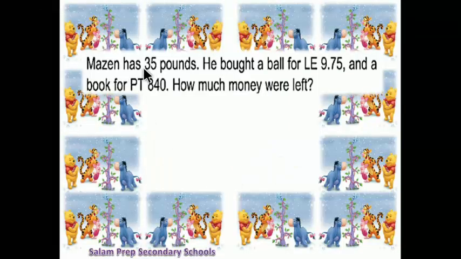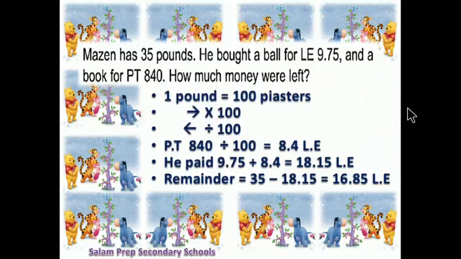Mazen has 35 pounds. He bought a ball for 9.75 pounds and a book for 840 piastres. How much money was left? To solve this problem, we need to find what Mazen paid, but take care.